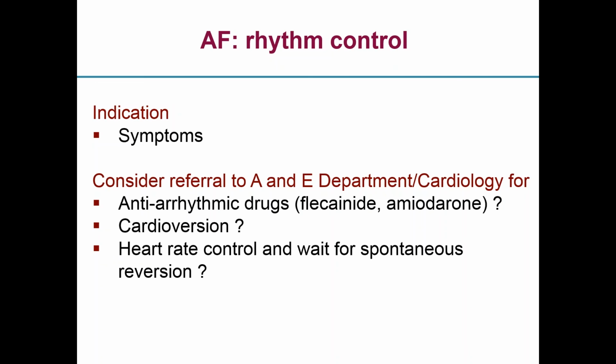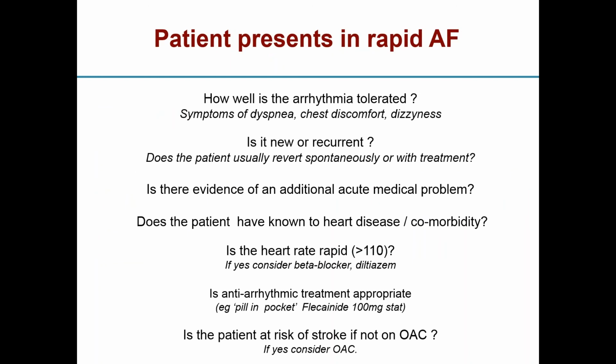You don't want to wait too long before you cardiovert if it doesn't go back. That's just a judgment decision. The other strategy is just to control the rate and allow things to settle down, so you use drugs to control the rate, a beta blocker or diltiazem. Those are the sort of thoughts that you might have when seeing the patient.